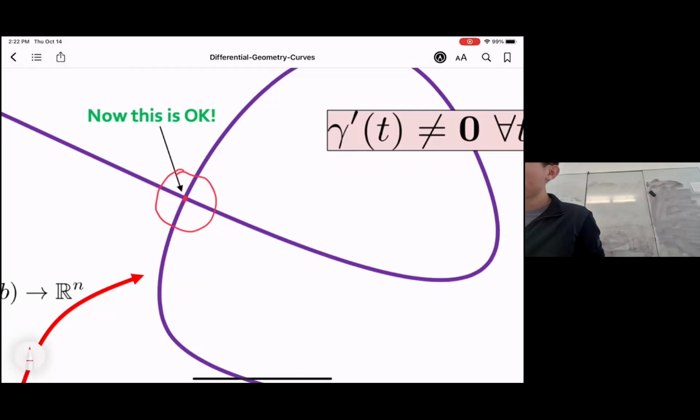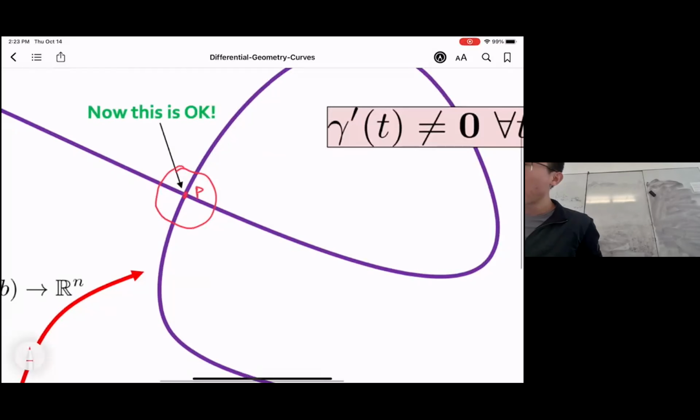If I choose this point as my P, I should be able to answer questions like how is this curve changing, because it's a differentiable curve and I can take derivatives. Intuitively, if I move a little bit off from this point P, I should precisely know how much my curve is changing. But at this point, if there is this intersection, you have three potential directions to change, so you really cannot tell.